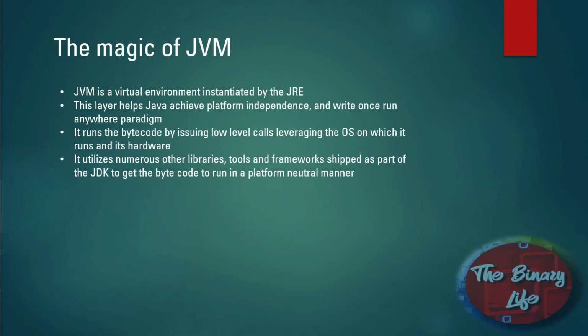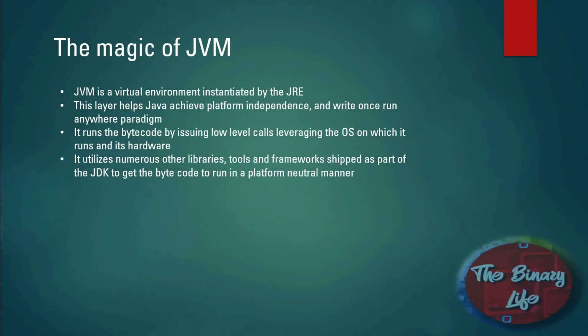Now we will try to understand the importance of the Java virtual machine. We already discussed the JDK and that JRE is responsible for running your application code, but a major component lies below the hood, and that is the Java virtual machine. It runs the bytecode by issuing low-level calls, leveraging the operating system on which it runs and its hardware.